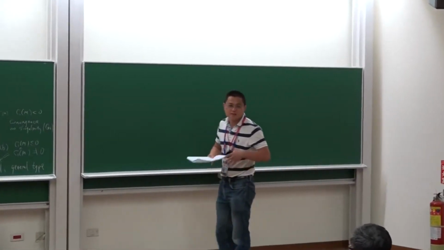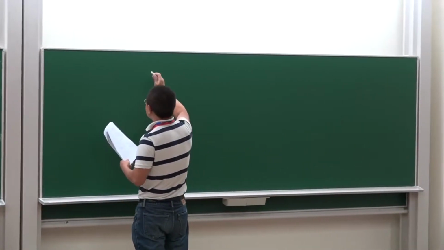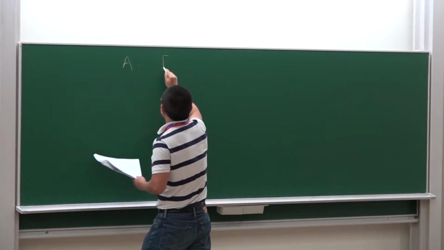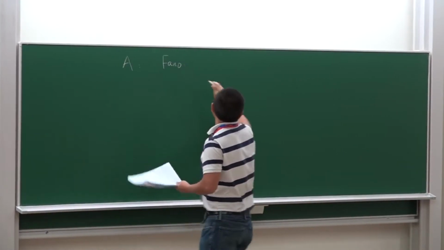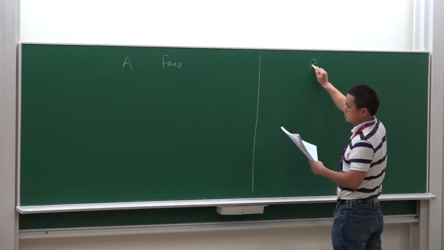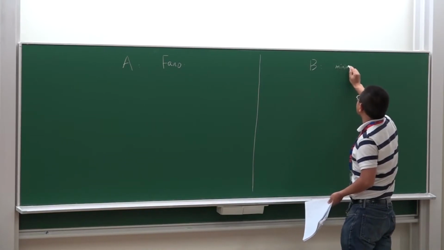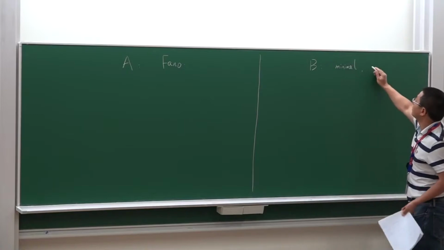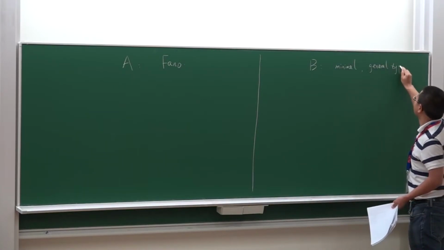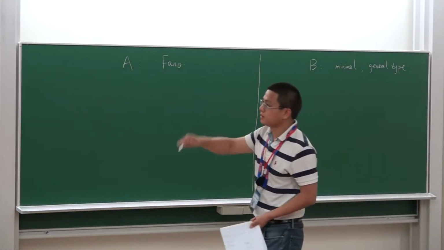I found that there are many similar properties between these two flows. So let's say category A is the final case, and category B is the minimal general type Kähler-Ricci flow. So we copy down the equation.